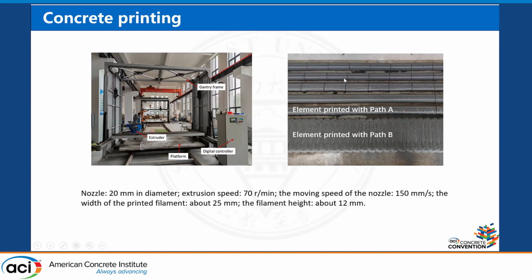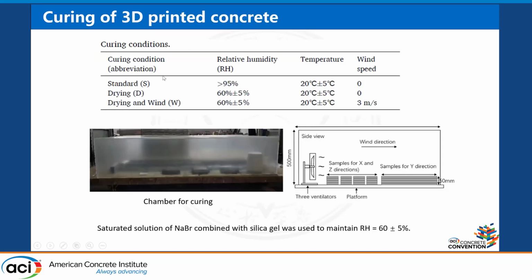The element printed with pass A is for the test of shrinkage along the printing direction. The element printed with pass B is for the test of the shrinkage with some more interfaces between horizontal filaments. And here are the curing conditions.